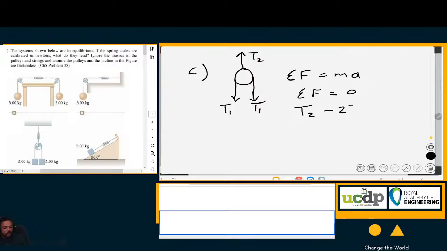So T2 minus 2 times T1, and that is equal to 0. You rewrite it. Remember, we want the value of T2. Why? Because that is the tension that's going to be on the spring scale, which is what we want. T2 is equal to 2 times T1, which makes sense.